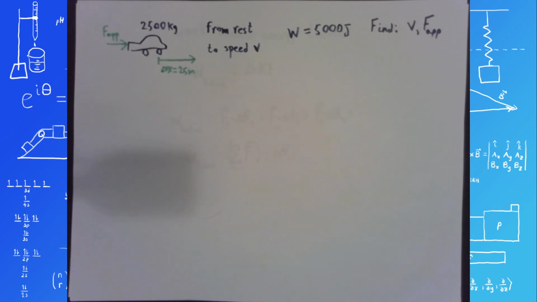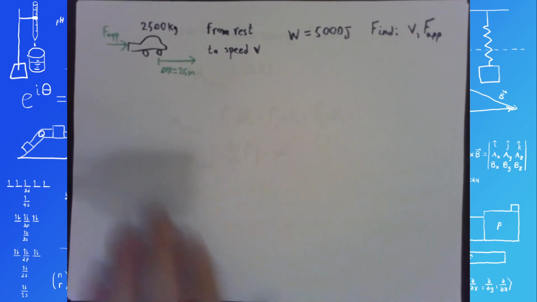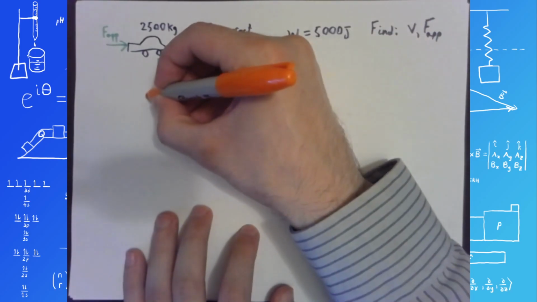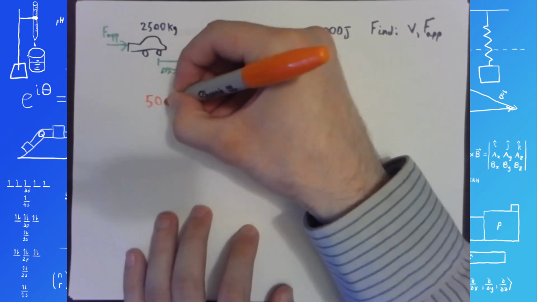So that is definitely an option, but it's not the best option because it involves more steps and takes more time. It's much faster to use the work-energy theorem if the total work is 5,000 joules.